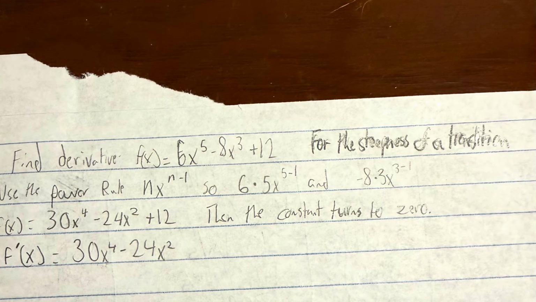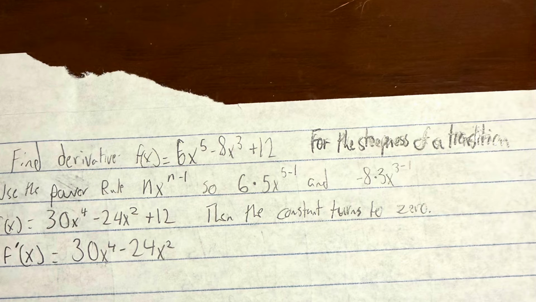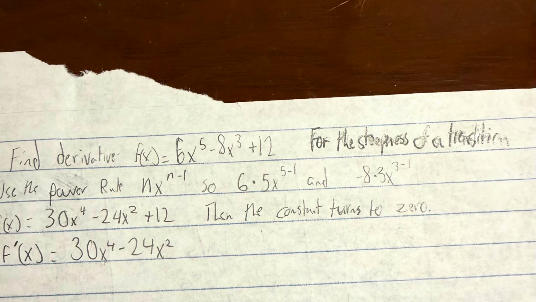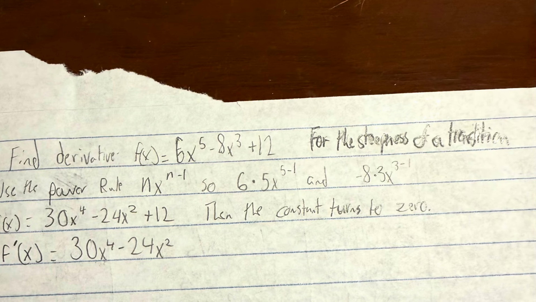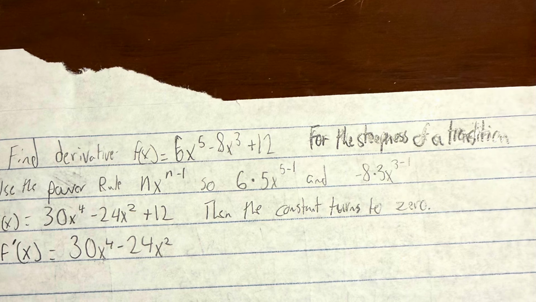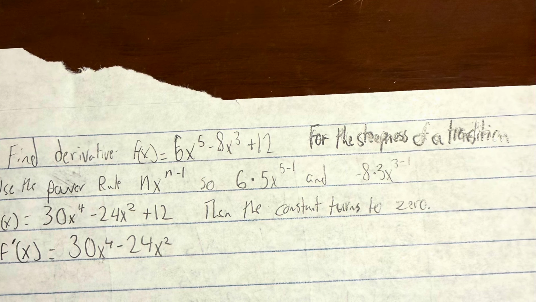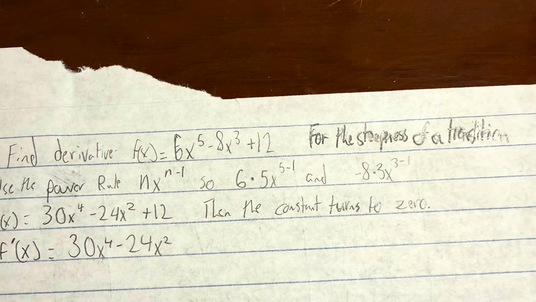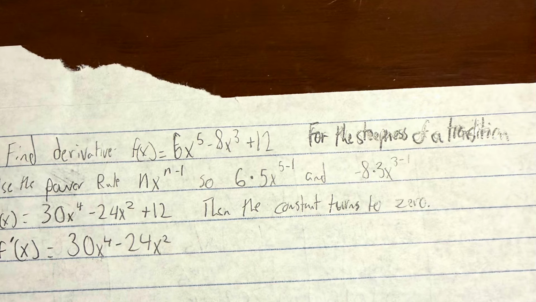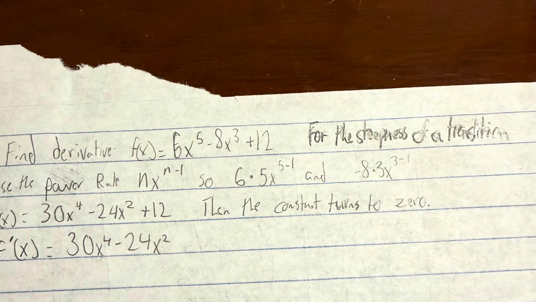First, you have to use the power rule on the 6x^5. The power rule is n times x to the power of n minus 1, so you would go 6 times 5x to the power of 5 minus 1, which would give you 30x to the power of 4.